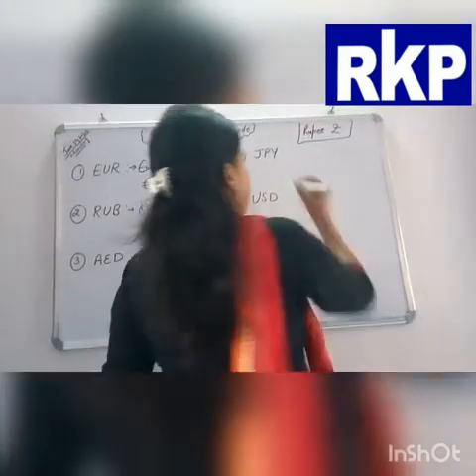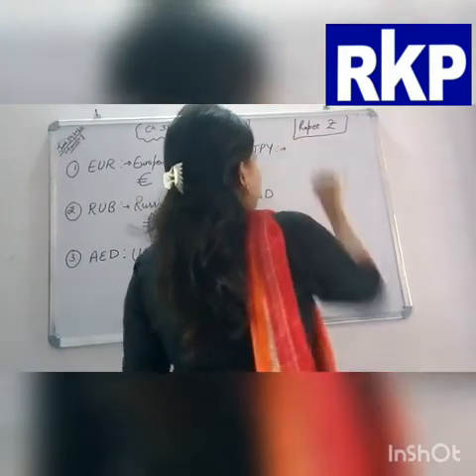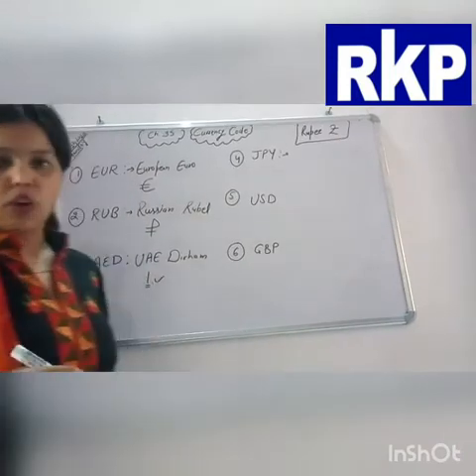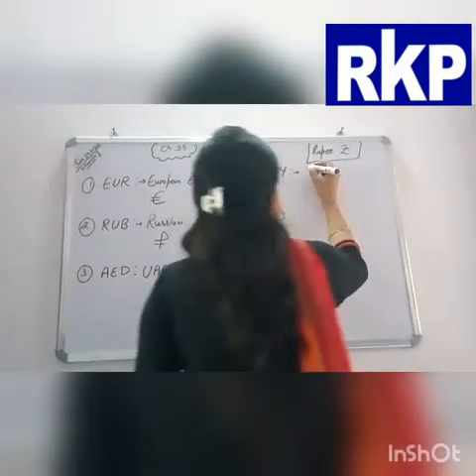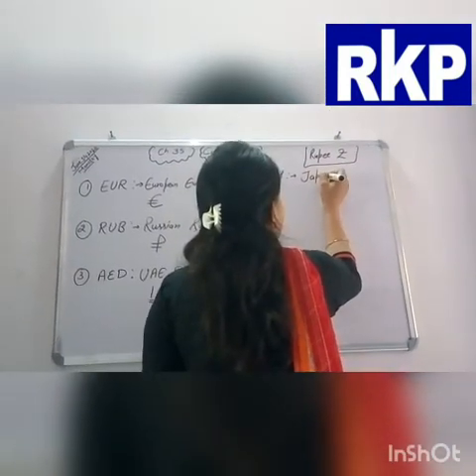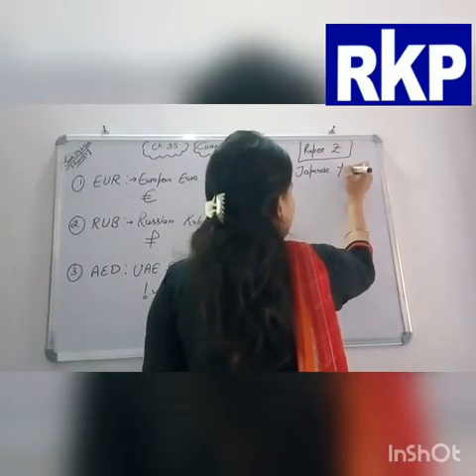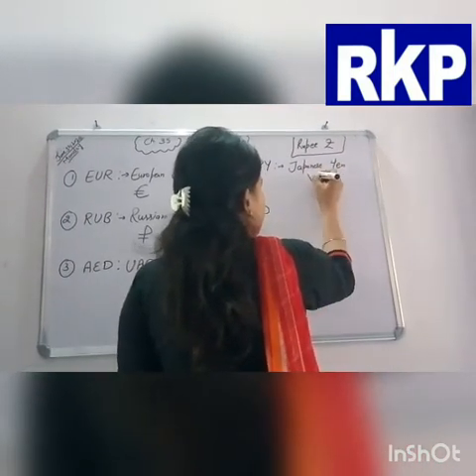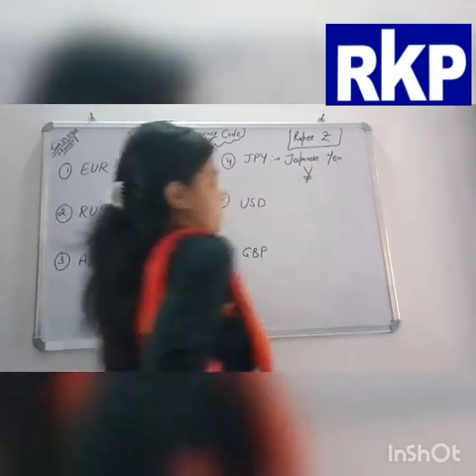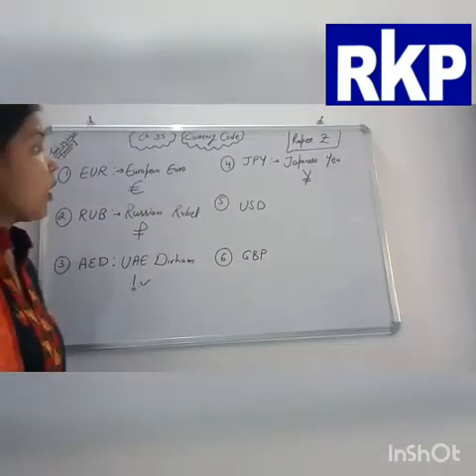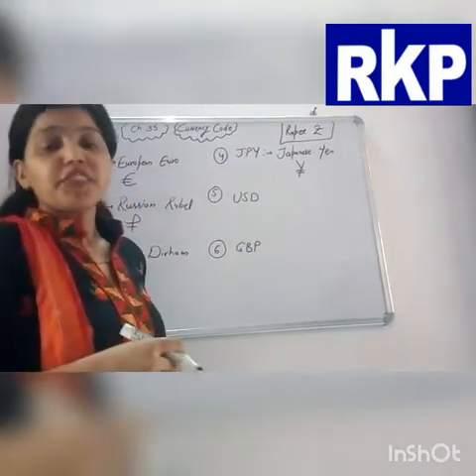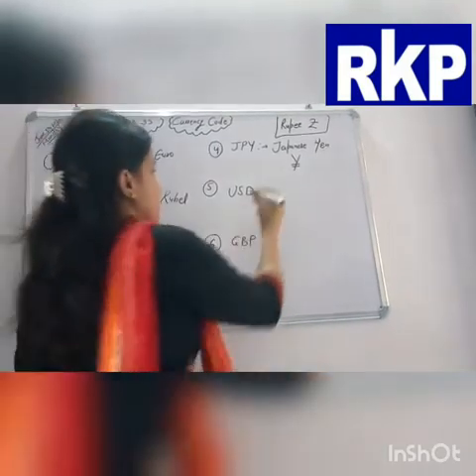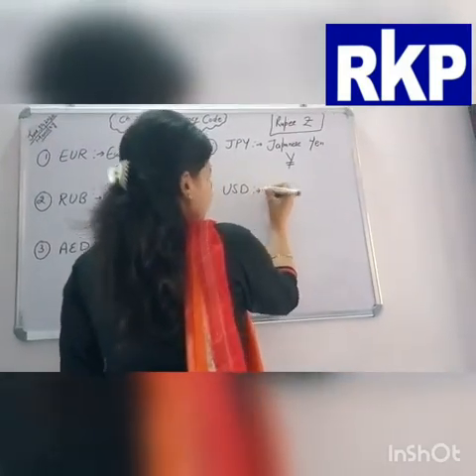Next is JPY. JPY is the currency code of the Japanese yen, and the symbol is like Y with a double stick downside. So this is the currency of Japan. Next is USD.